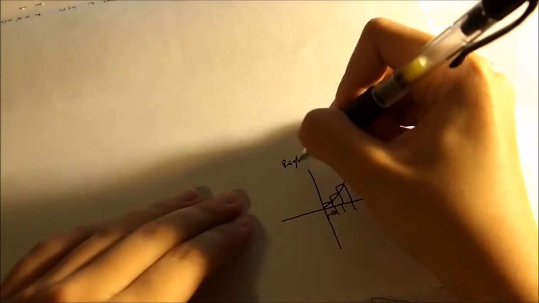For each rectangle, the left point is where the height is taken, so that's where this rectangle would go, and it would look like that. So this is the right Riemann sum, and this is the left.